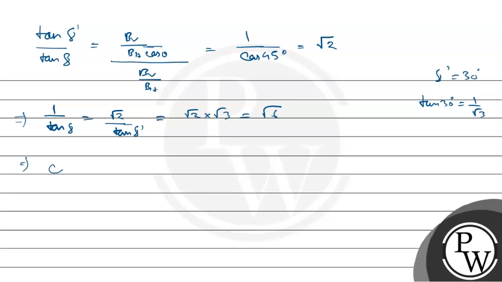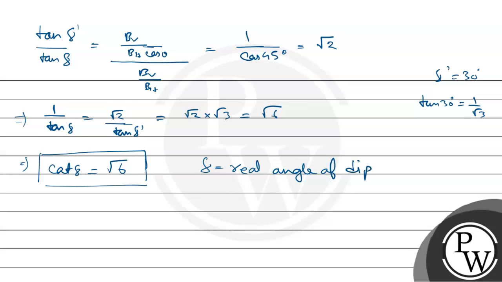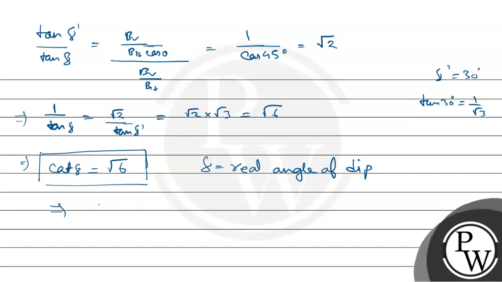So we get that cot of delta, that is equals to root 6, where delta is equals to real angle of dip. Hence, delta is equals to cot inverse root 6, and this is our final answer.